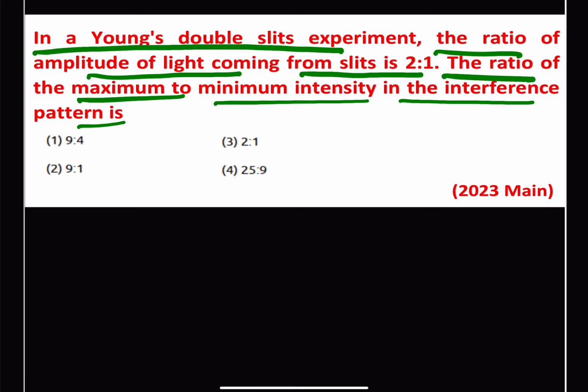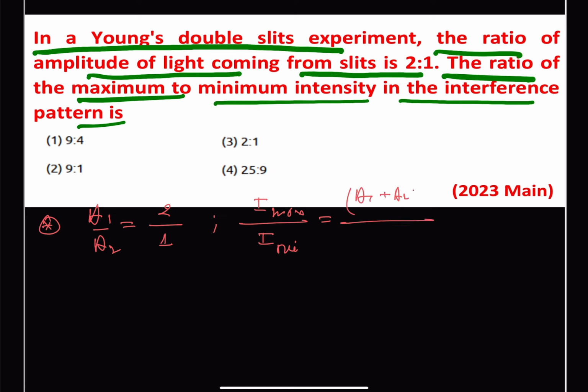So we are given the ratio of their amplitudes, that is A1 upon A2 is given as 2 by 1, and we also know that our maximum to minimum ratio is given as A1 plus A2 whole square over A1 minus A2 whole square.